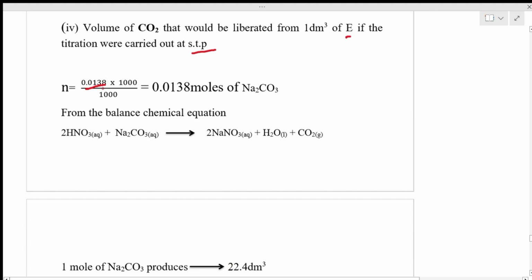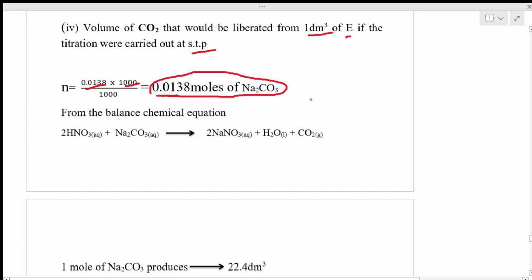So we are going to take it to mole, and in doing that, we use number of mole is equal to conc in mole per DMQ times volume over 1000. But this time around, we have 1 DMQ volume. 1 DMQ is equal to 1000 cmq. So we can have this value to be 0.0138 moles of Na2CO3, which is our E.